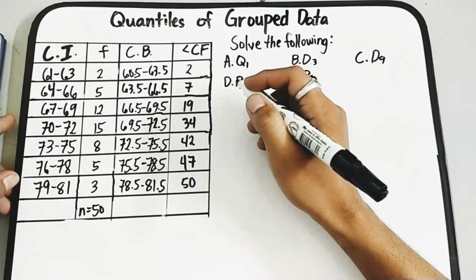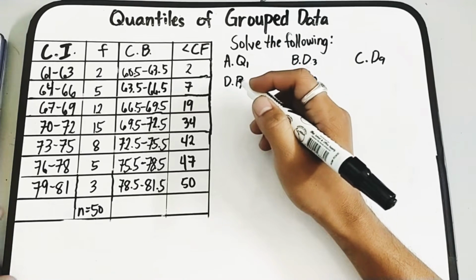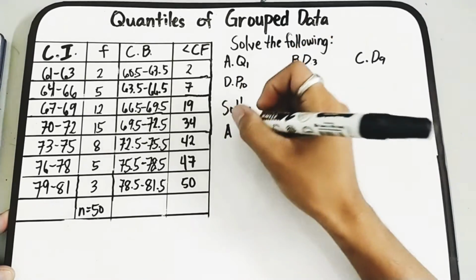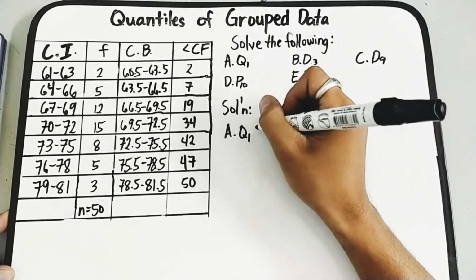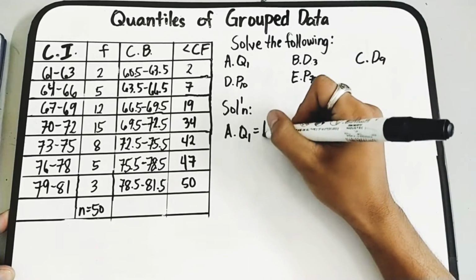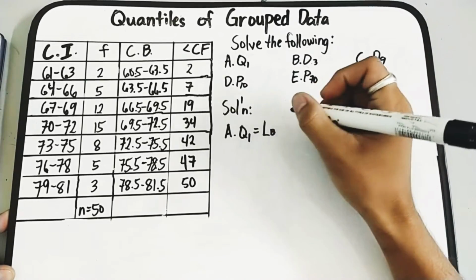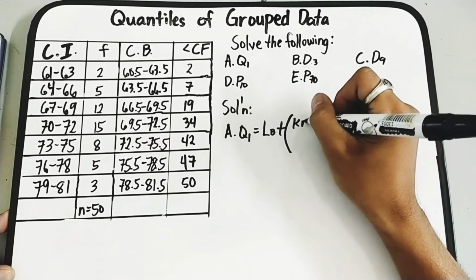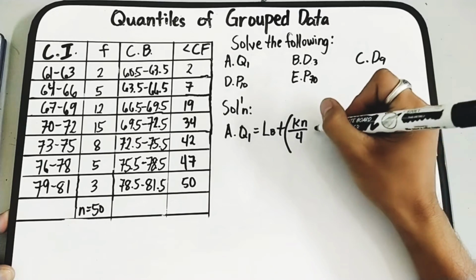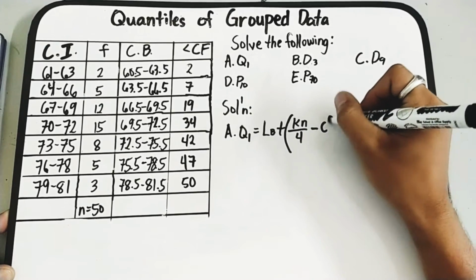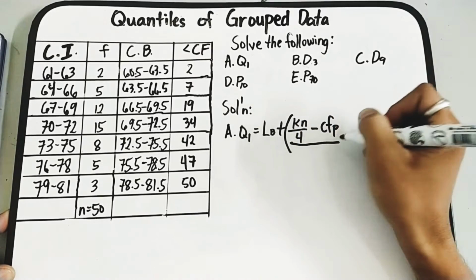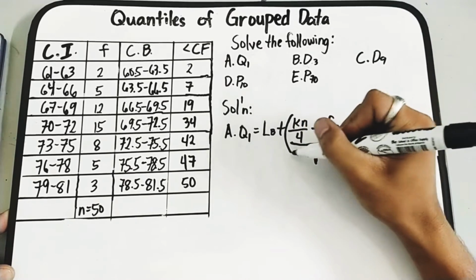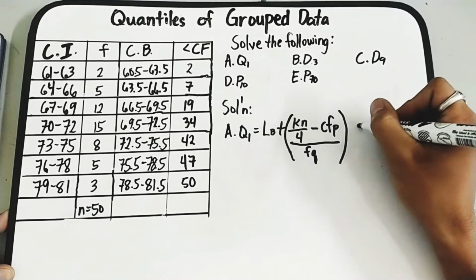So, first thing, sabi natin, in order for us to solve itong ating quartile of group, so yung solution of letter A, we have quartile 1 or Q sub K. Quartile 1 is equals to lower boundary plus yung ating K times N over 4, kasi nga quartile yung hinahanap, minus cumulative frequency preceding to our quartile class all over your frequency of the quartile class or FQ, multiplied to our class interval.